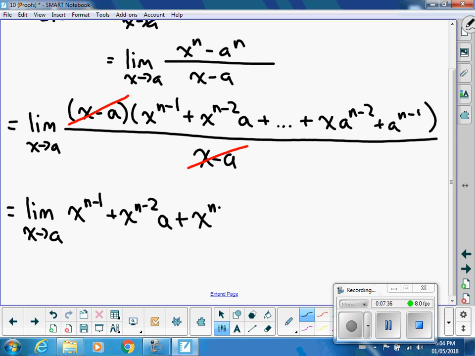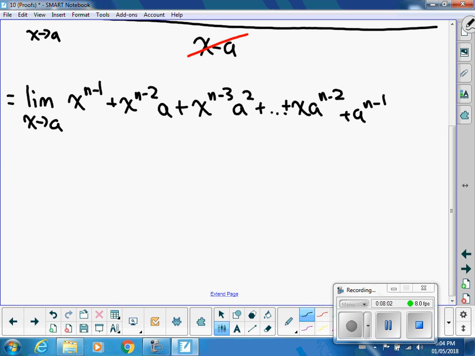So next would be x to the n minus 3 a squared, and so on up to a to the n minus 2 and a to the n minus 1. Now I can substitute, right? I've gotten rid of my problem. I don't have an x minus a in the denominator anymore. So as x approaches a, I want to substitute a wherever I see an x.